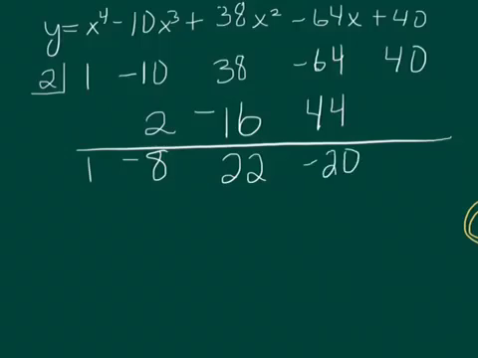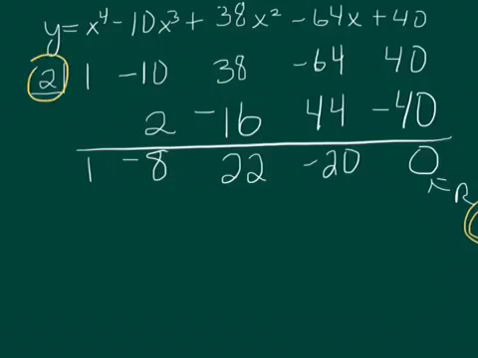And finally, when I multiply 2 times negative 20, I get negative 40. Adding up the last column, I get a 0 remainder. That's good news. That means that I did find a 0, and it is 2.